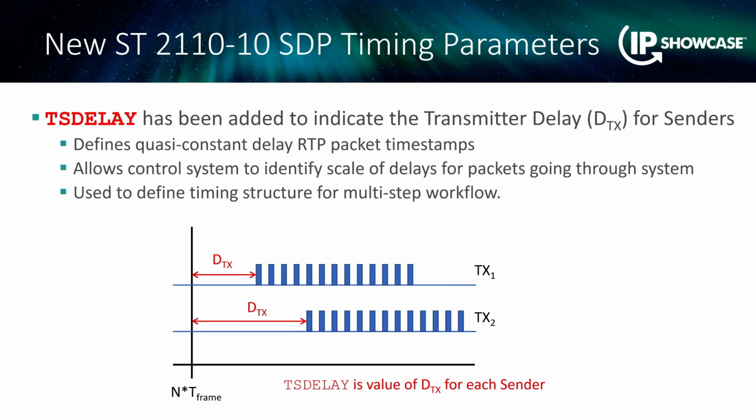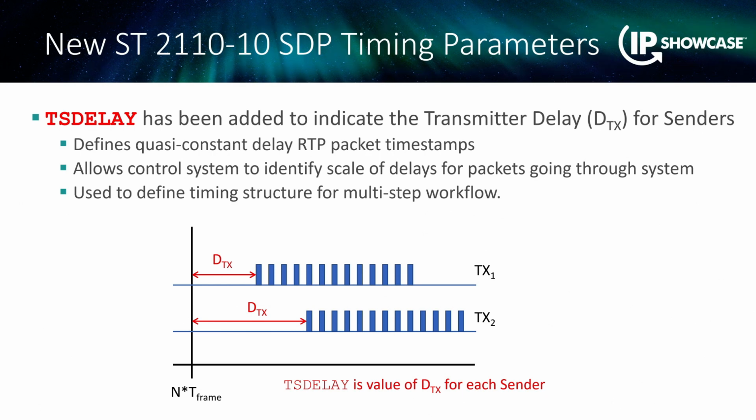Now, if you're familiar with 2110-21, we know that there's a deliberate standoff from the time that we use as the capture time, which is shown on this picture as N times T frame. There's a deliberate requirement in -21 that you wait a certain amount of time before you start sending packets, okay?